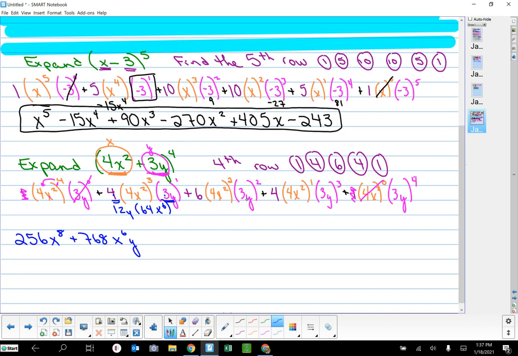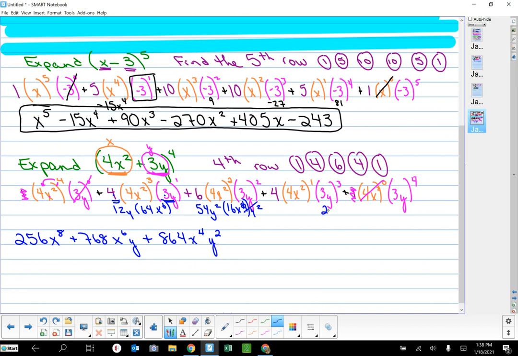And then here, 3y squared is 9y squared, times 6. 9 times 6 is 54. And then I'm multiplying that by 16x to the fourth. And 54 times 16 is 864x to the fourth y squared.